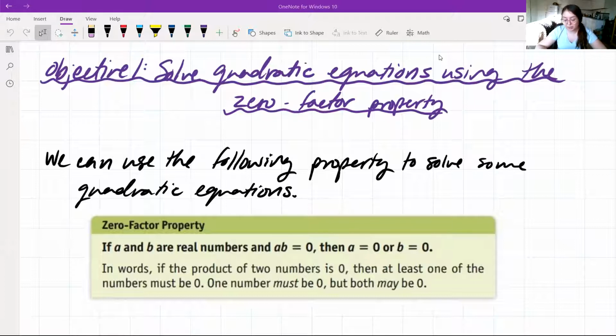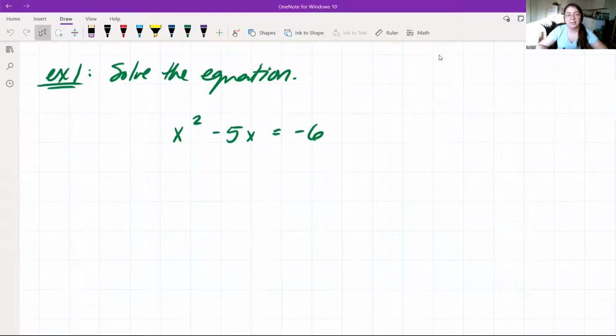So we're really just going to use this property to try and find solutions of the quadratic equation. So let's show how we do this. So first things first, we want to set up our quadratic equation, and our quadratic equation is equal to 0.